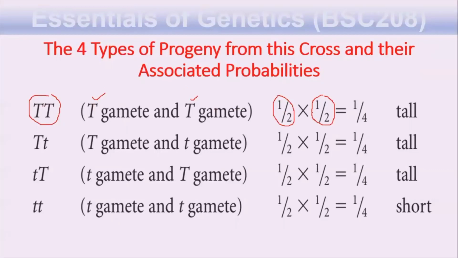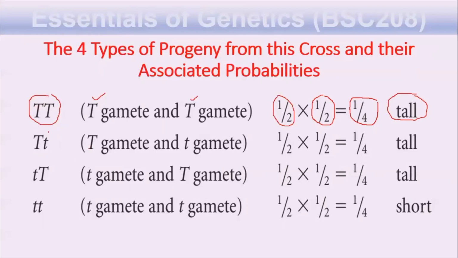Because these are independent events, we multiply these two and the probability will be 1 by 4. So the probability of obtaining the capital T capital T genotype in the cross where parents are heterozygous is 1 by 4. This means that one plant out of 4 will have this genotype and its phenotype will be tall.